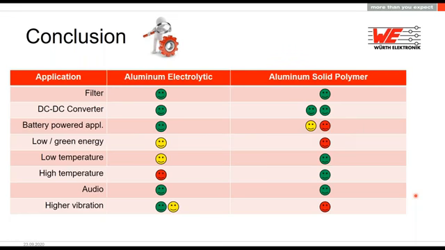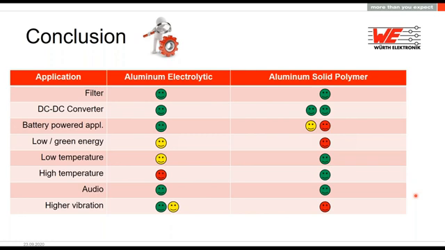Please keep in mind that you have a higher leakage current with the polymer. So for battery applications, it's not so recommended, because over time maybe the battery gets drained by the polymer. So also with low or green energy, you have leakage currents with both parts, but for polymer more than for aluminum electrolytic.